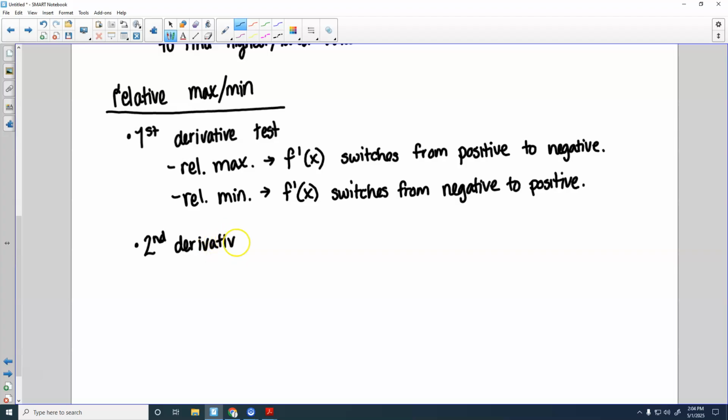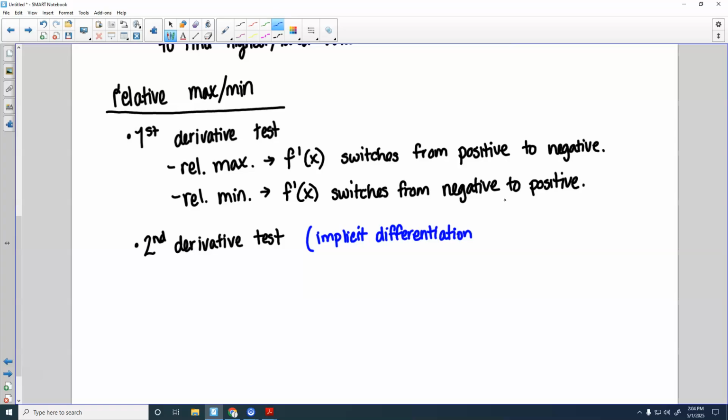The biggest time that it will not work is if you have implicit differentiation. Like that number 6 that we just looked at, the derivative has x's and y's, so you can't make a sign line for it because you have x's and y's that have to be plugged in.